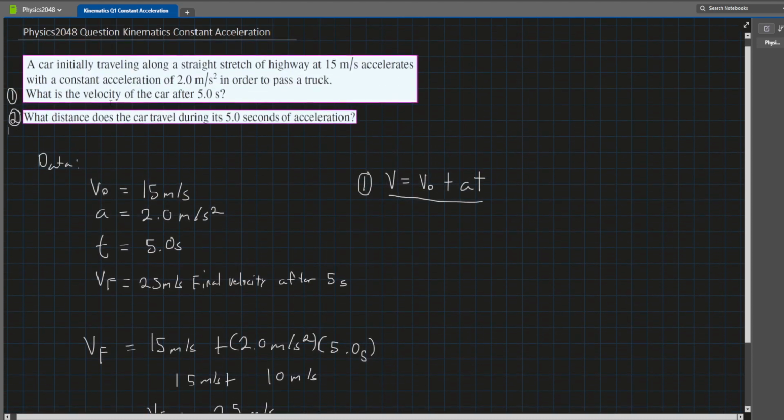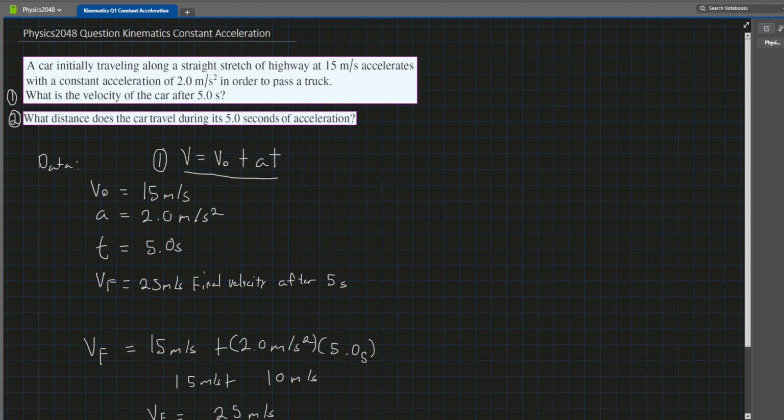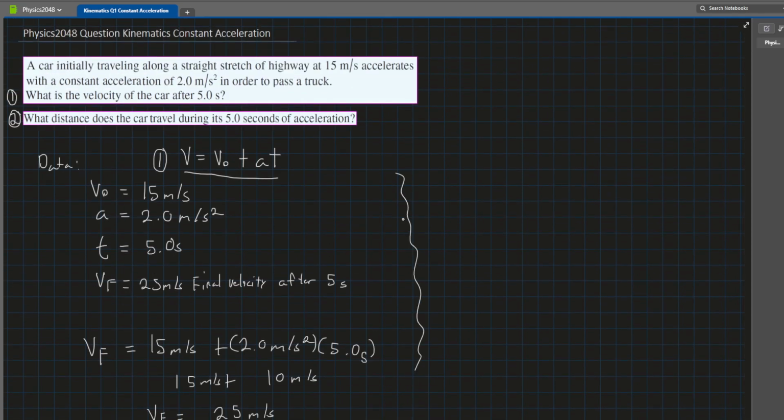So we can basically narrow it down. Okay, so from our data, we have here, so asking for position.